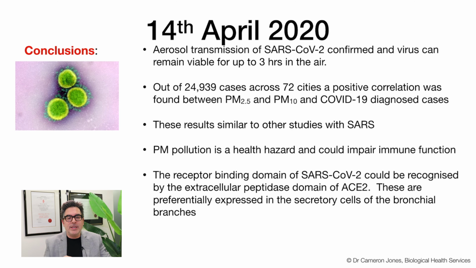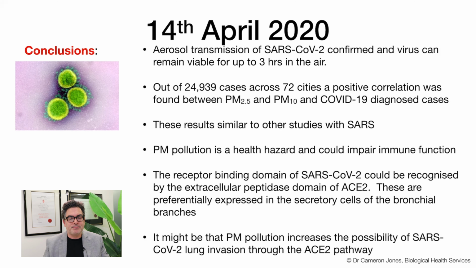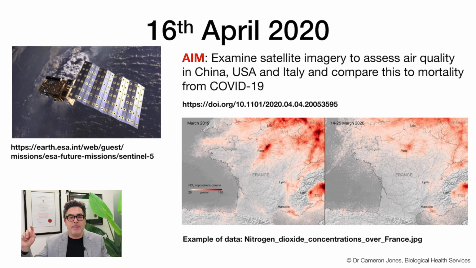Essentially, ACE2 is related to the secretory cells in the bronchial tree, and this is considered to be the pathway of mediation for why many COVID-19 patients have such severe lung problems. Their conclusion is that particulate matter pollution increases the possibility of SARS-CoV-2 lung invasion primarily through this ACE2 pathway.